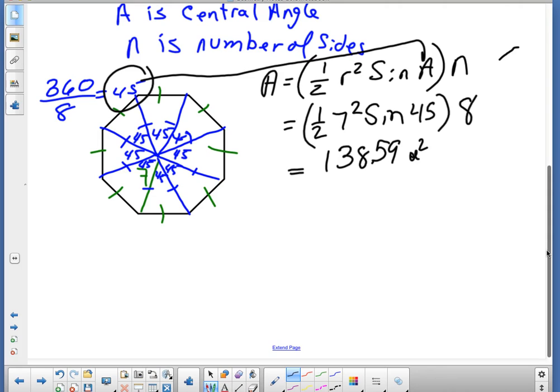Okay, you have to know how to get the central angle A. Okay, and you have to know R represents the radius, and you have to know the number of sides, N. Okay, now if you're given a side measure or a perimeter, you still got to do the sine, cosine, tangent stuff to find the apothem, and then put it in 1/2 ANS. Pretty cool, right?